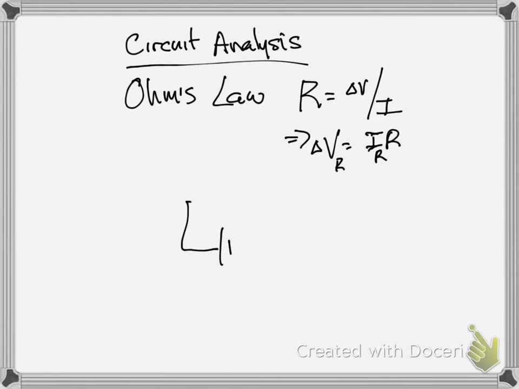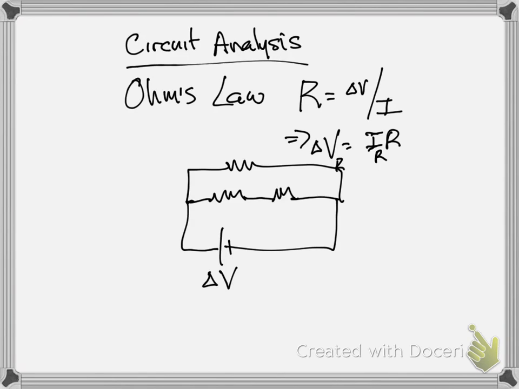For example, if I have a battery which has a potential difference delta V attached to some arbitrary set of resistors, and here I've got two in series in parallel with one, the delta V across each of these individual resistors is not necessarily equal to delta V across the battery.